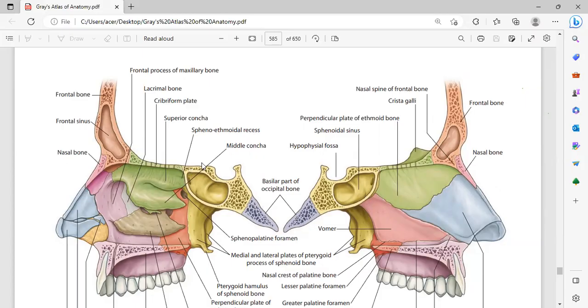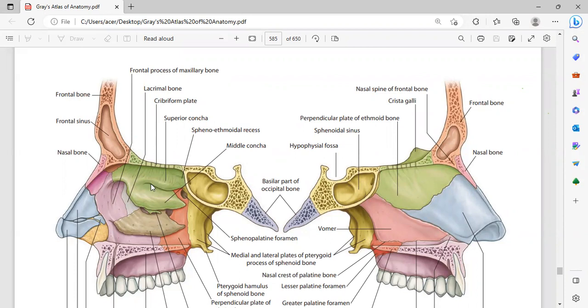at the top, you have this part that is formed by the sphenoid bone. And then anterior to that, you have this, which is called the labyrinth of the ethmoid bone. So the labyrinth has these projections called concha, right? So these are called concha. This is the superior concha and this is the middle concha.